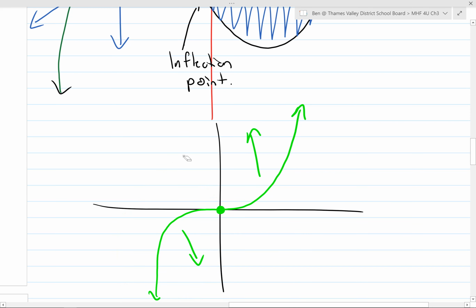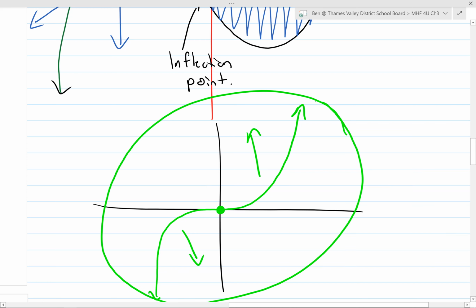Now if there's no turning point involved, we can still have an inflection point. That inflection point is happening right here, and that is where it's changing in concavity from upwards to downwards. And this kind of inflection point is going to be our main focus in here. An inflection point here is really what happens to a cubic function if its two turning points get close enough together, so that here we could have two turning points here and here.